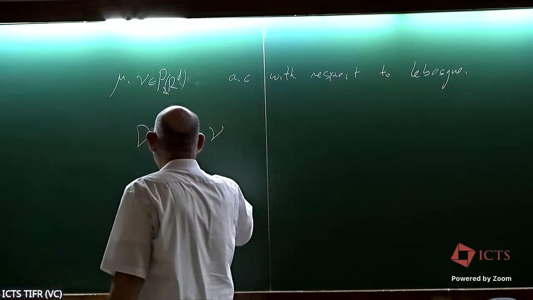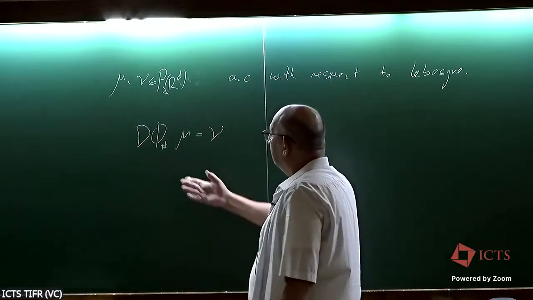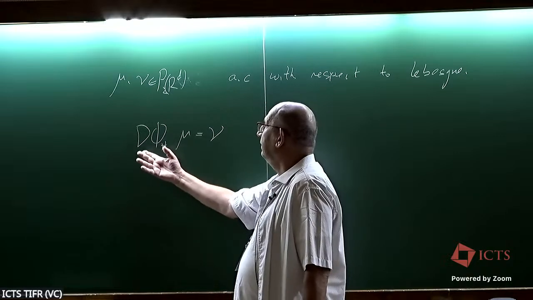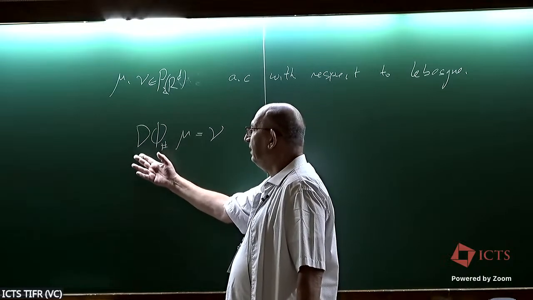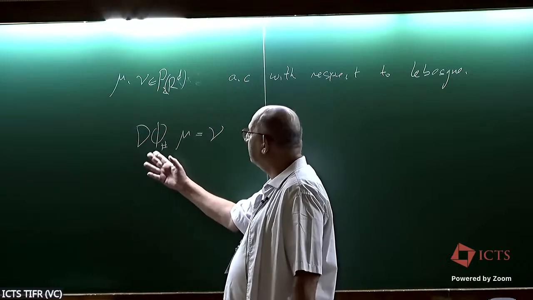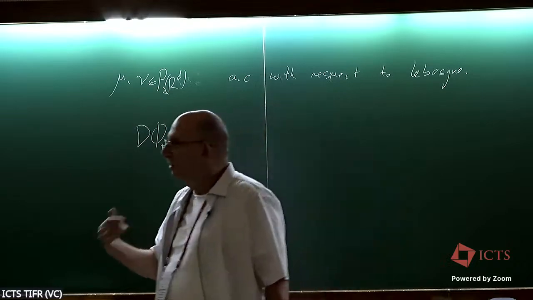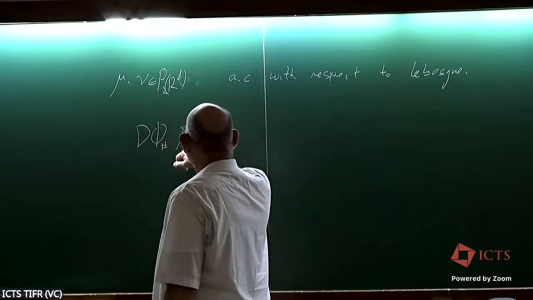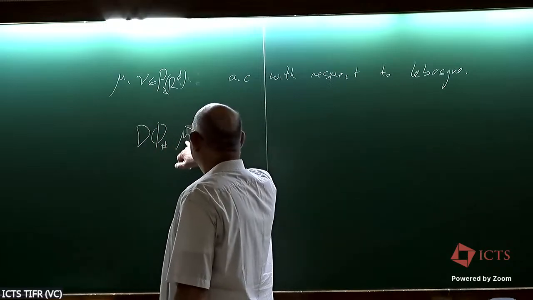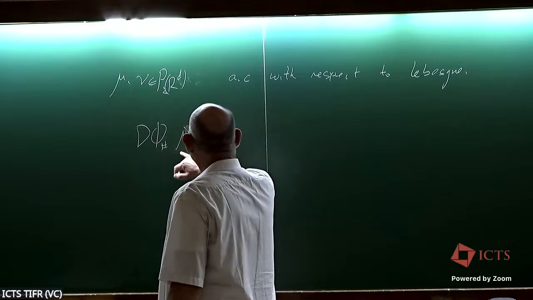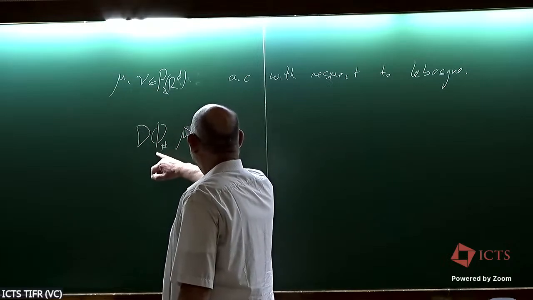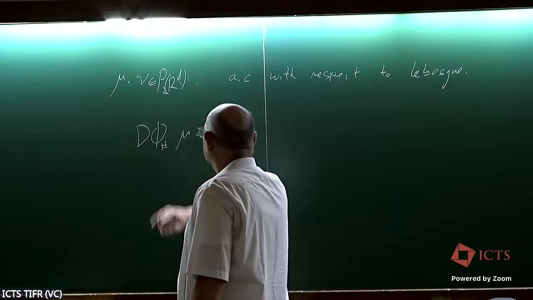In general, every convex function is differentiable almost everywhere with respect to the Lebesgue measure. So of course we need the absolute continuity of mu with respect to the Lebesgue measure to ensure that this mapping is defined mu-almost everywhere.